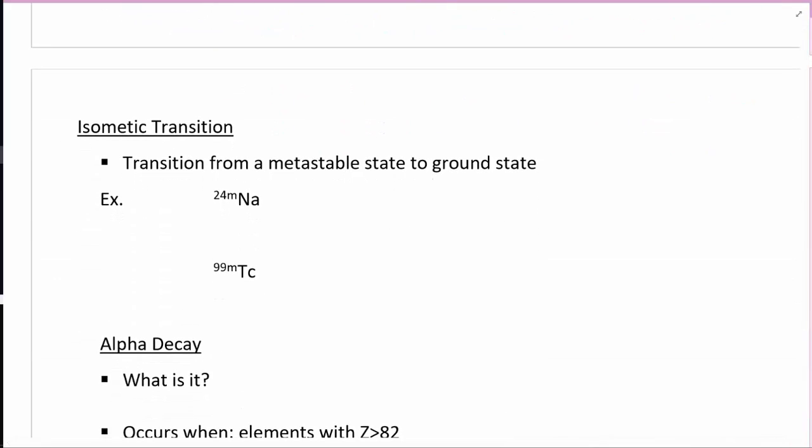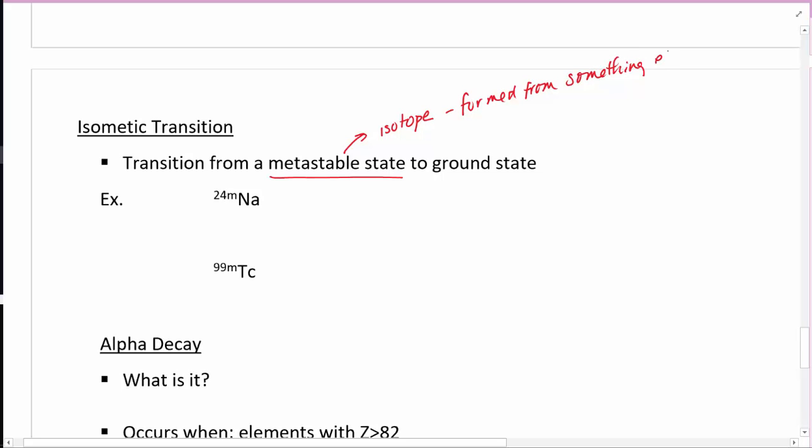Which leads then to isomeric transition, and this is a transition from a metastable state to a ground state. What in the world does that mean? So a metastable state is an isotope that was formed from something else, but it's not yet in that ideal energy state.